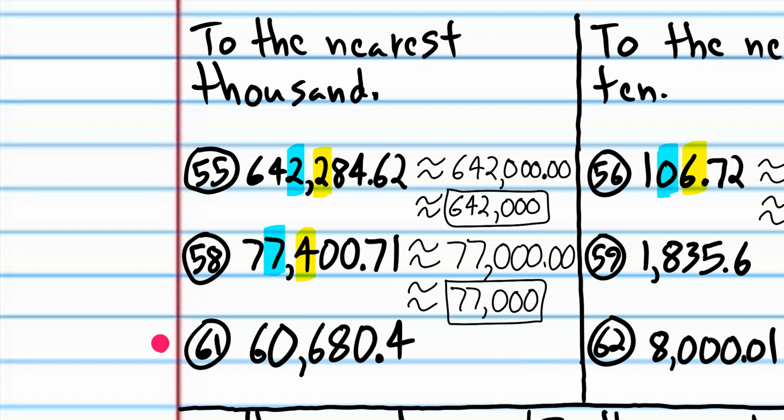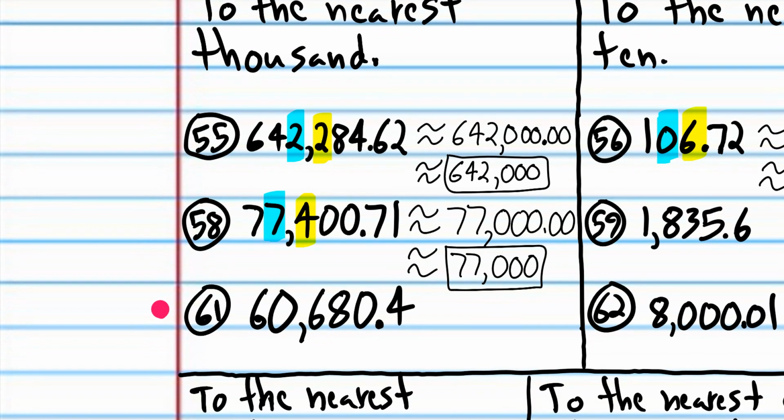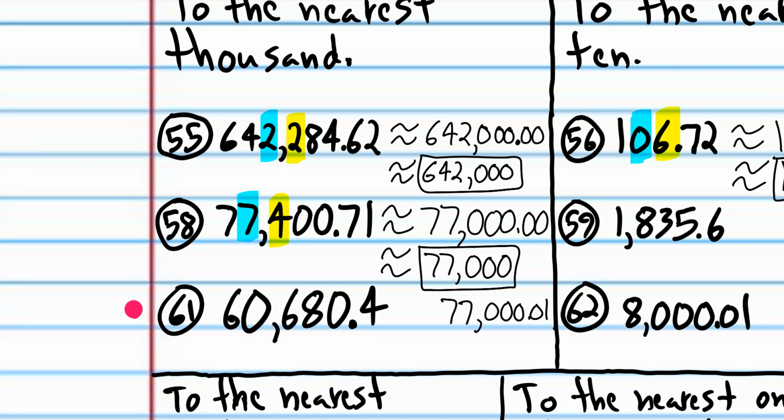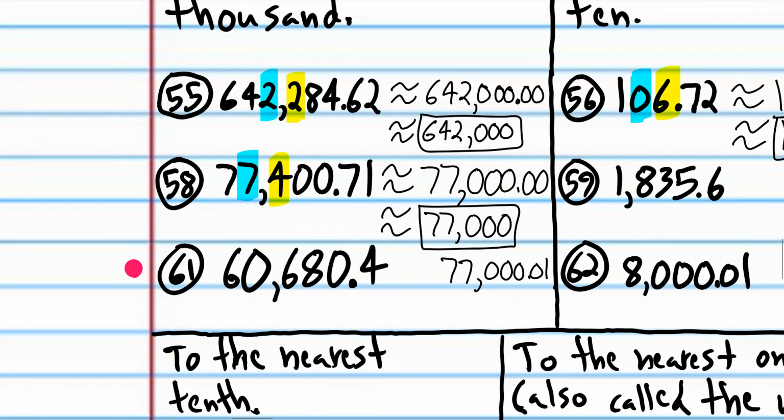And by the way, what I mean by ending zero, again, is if you had 77,000.01, this 0 you cannot get rid of even though it's to the right of the decimal, because it's not an ending 0. And if you have something called a captive 0, for example, 77,000.101 or 103 or whatever, the 0 is captive.